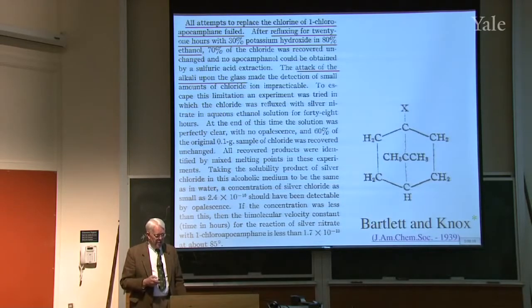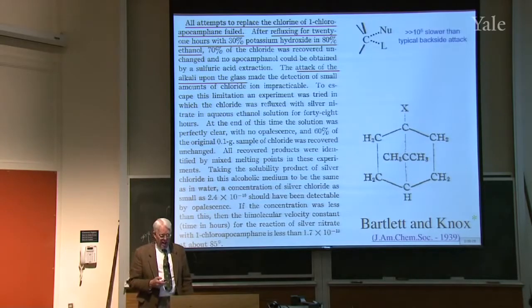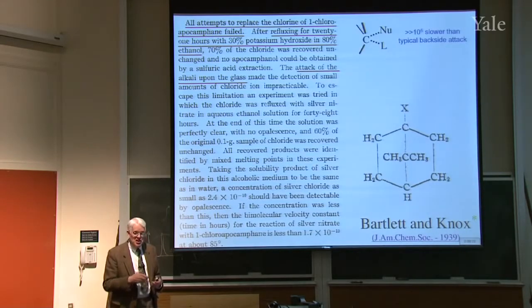Notice they said it was a little hard to do because these vigorous conditions attacked the glass, but they didn't attack this molecule, okay? Okay, so that front side attack, where you can't come at the back side, you'd have to come in from the front, must be at least 1,000,000 times slower than the typical backside attacks, and probably much, much slower than that.